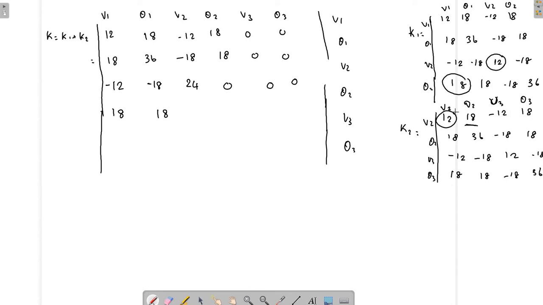Here also we have to check the theta 2 value with V2. Here also minus 18. Here also plus 18. So it is 0. Theta 2 value, here it is 36. Here it is another 36. Totally 72.